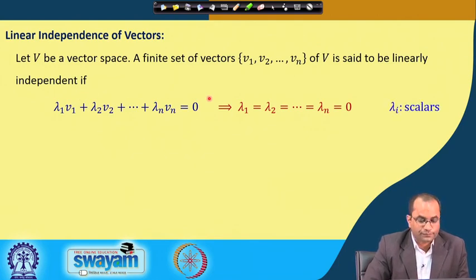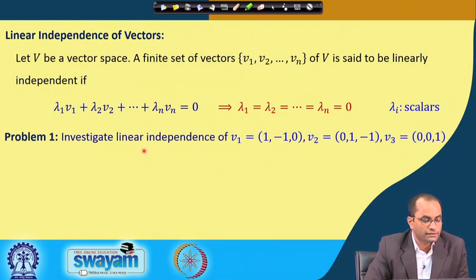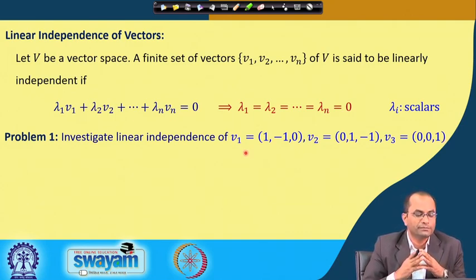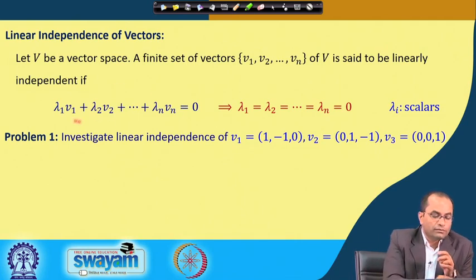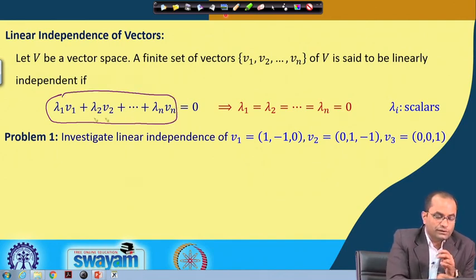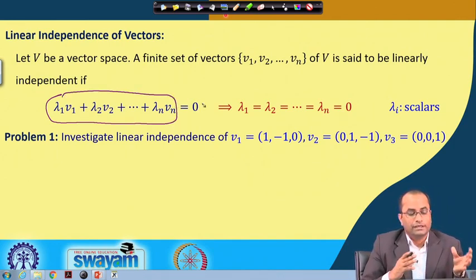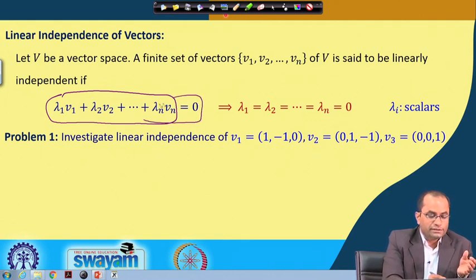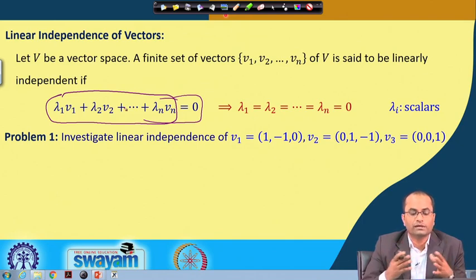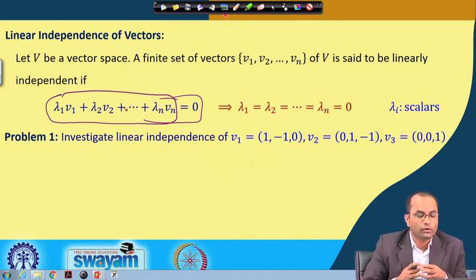These lambdas are scalars. So, now we can investigate the linear independence of given vectors. What do we have to check for linear independence? If the linear combination lambda 1 v1 plus lambda 2 v2 plus lambda n vn is equal to 0, after solving these equations, gives the only solution lambda 1 equal to lambda 2 equal to lambda n equal to 0, then we call this set linearly independent.